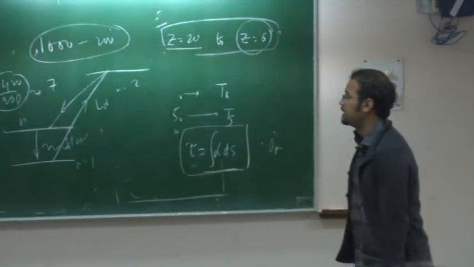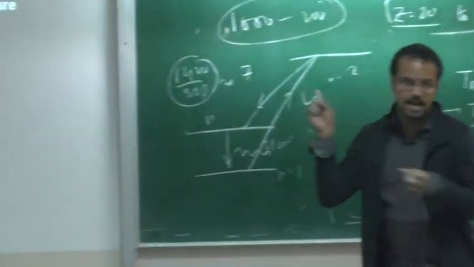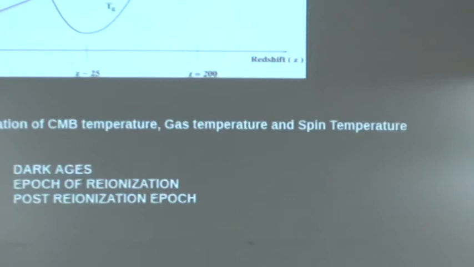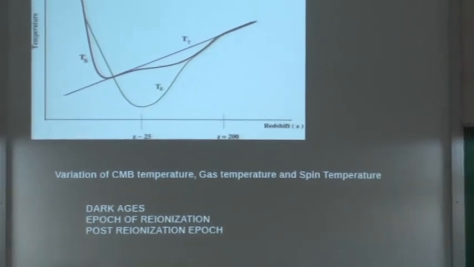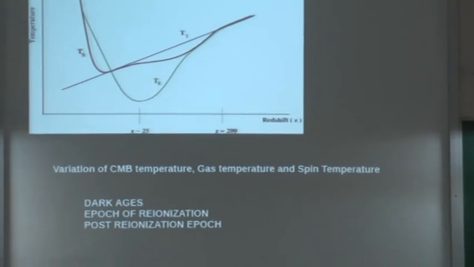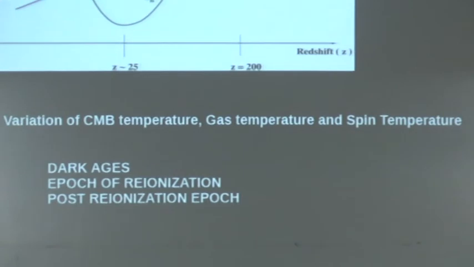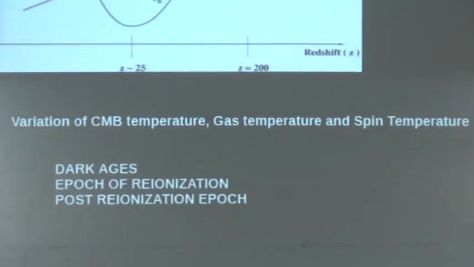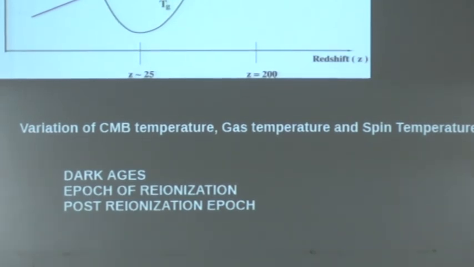So I will end today's talk with the classification of this entire region of evolution into 3 parts. Dark ages, as I said, is this entire region between 1000 and 20, where there was no structure forming and there were no luminous sources, the universe was dark.